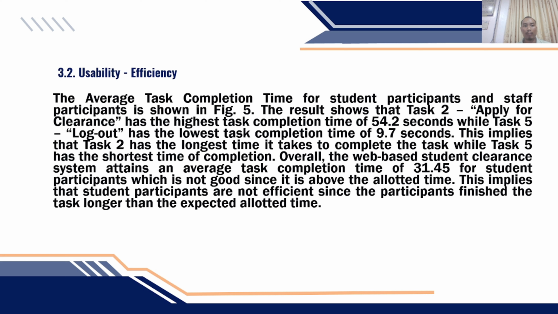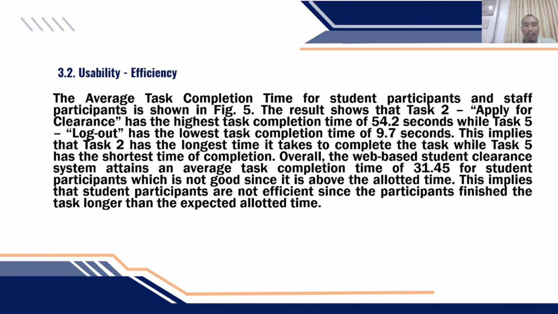For 3.2 usability efficiency, the average task completion time for student participants and staff participants is shown in figure 5. The result shows that Task 2 apply for clearance has the highest task completion time of 54.2 seconds, while Task 5 logout has the lowest task completion time of 9.7 seconds.